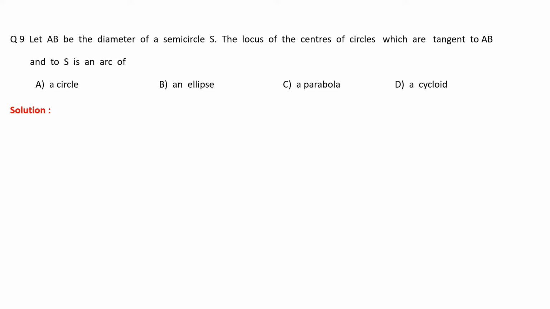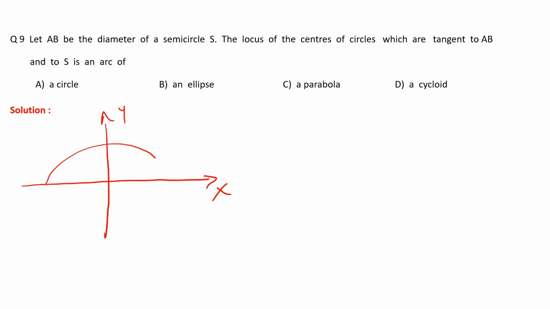Now let us draw x-axis and y-axis. I am taking this semicircle's center at origin and the diameter AB lying on the x-axis. You can take it anywhere else just for the sake of convenience, because ultimately I have to get the equation of the locus.